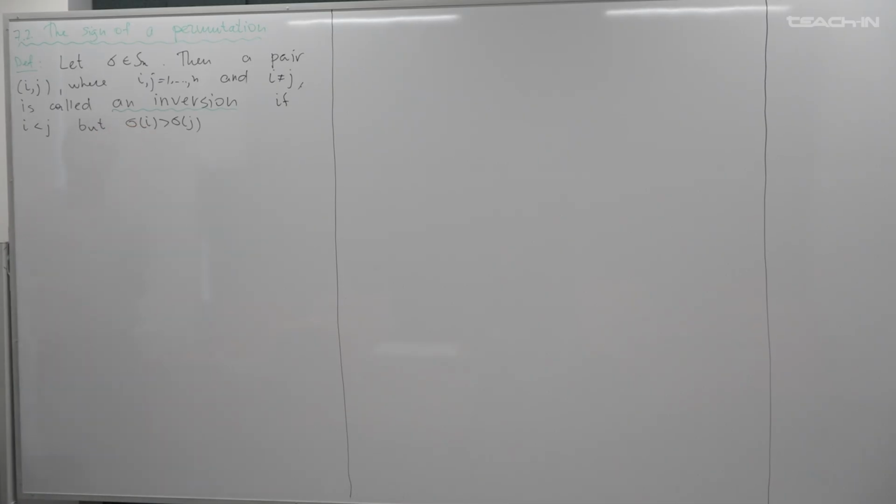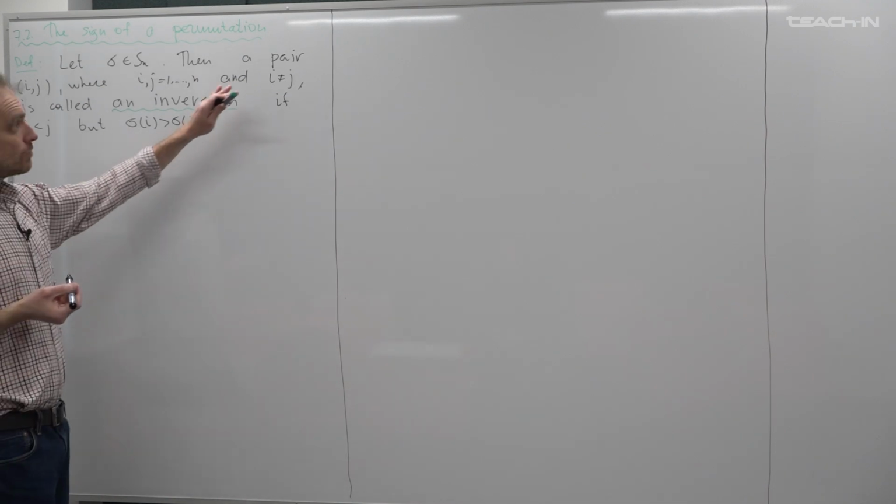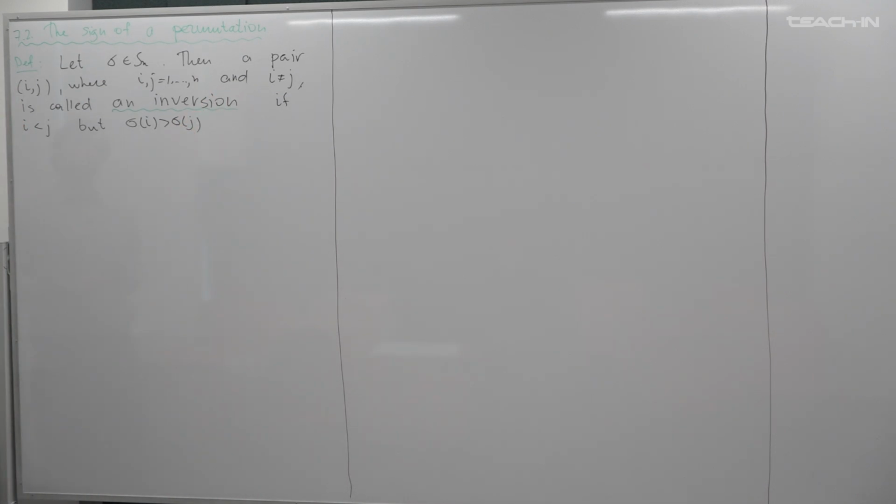They cannot be equal because we consider bijections. Okay, so in this case we say that the pair i and j is an inversion.